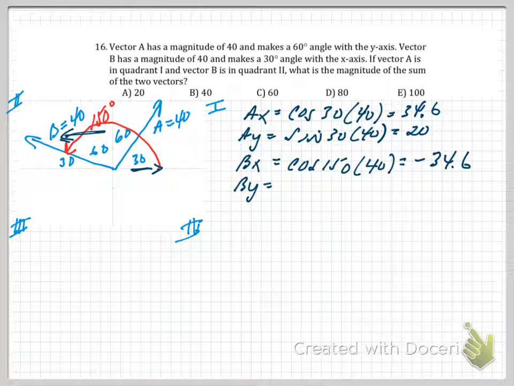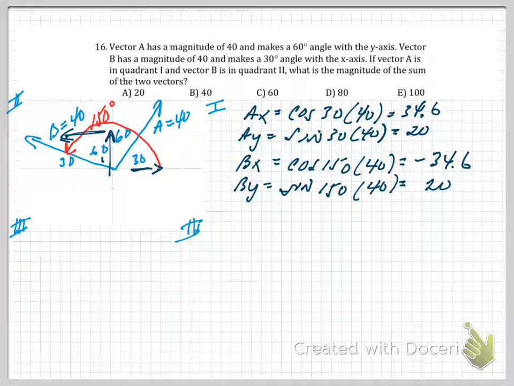And in the y direction would be the sine, and that equals 20.